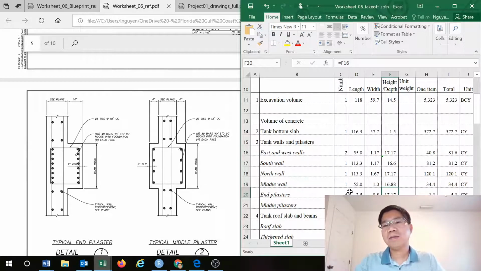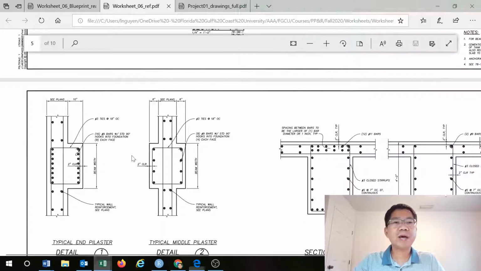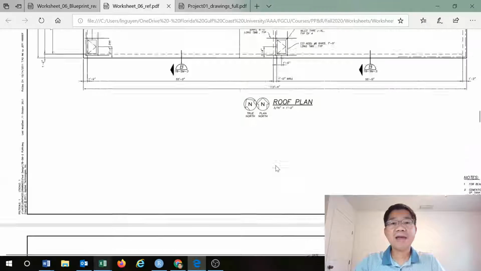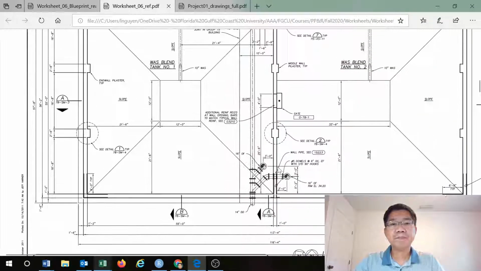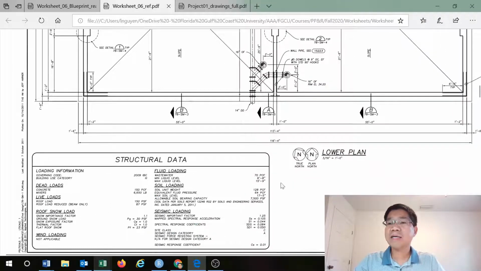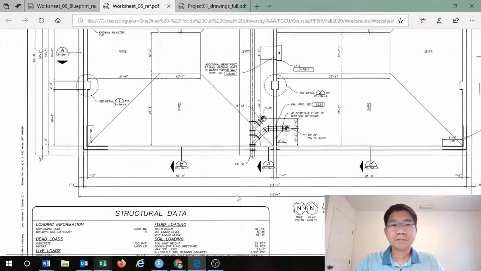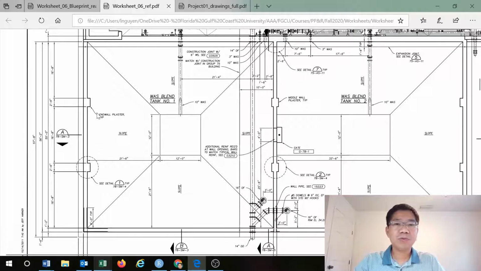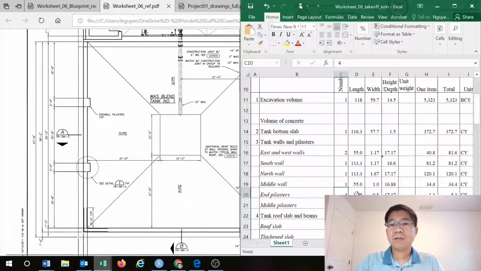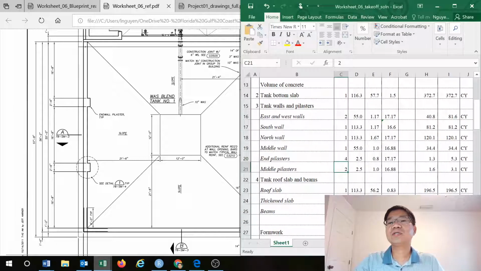End pilaster, how many of them? 4. Middle pilaster, how many of them? 2. Why is that? You go to the plan view, SM1. So you have 1, 2, 3, 4. So 4 end pilasters. Middle pilaster 1, 2. So that's why we have 4 and 2 in here. Do the same, and we can get that.